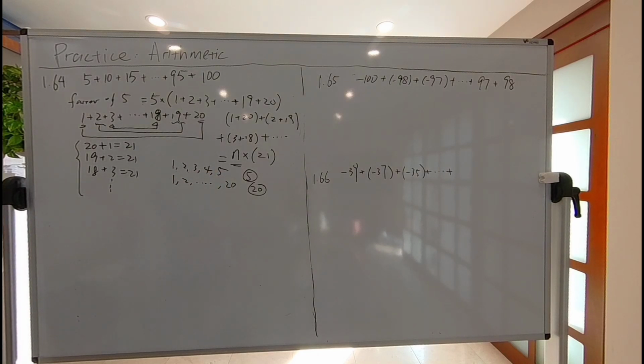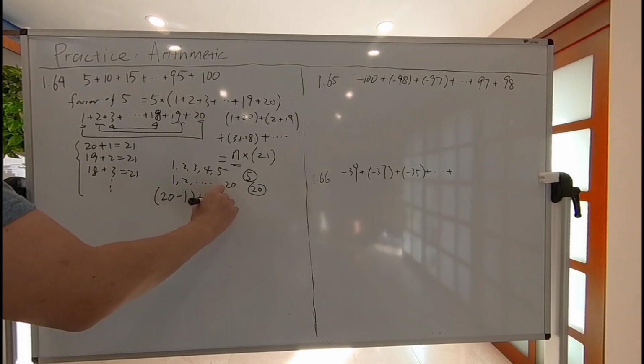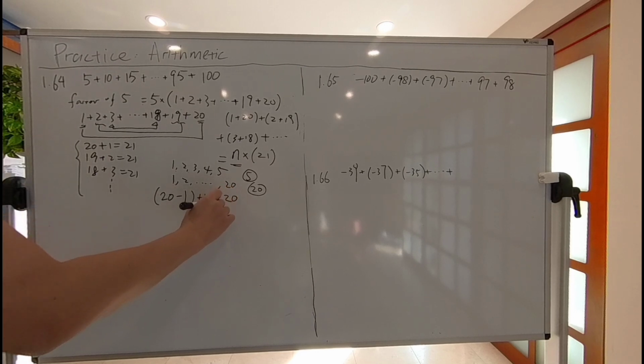In fact, there is a formula or a universal expression that can help you calculate this numerically instead of counting them one by one. That is, if you take the last number, subtract the first number, and then plus 1, you will get the number of counts, which is also 20, right?